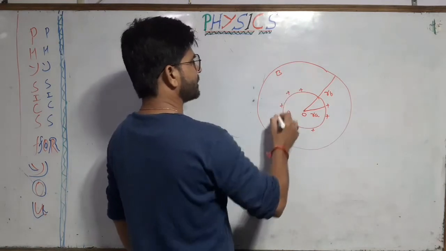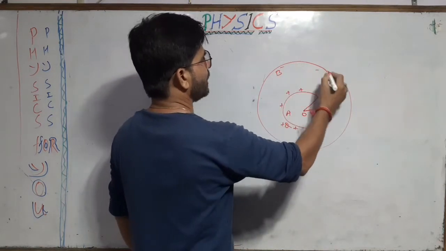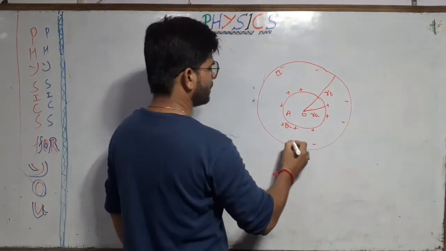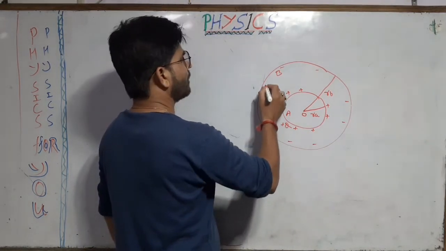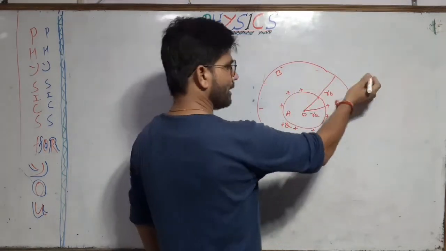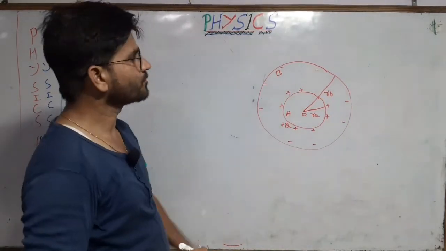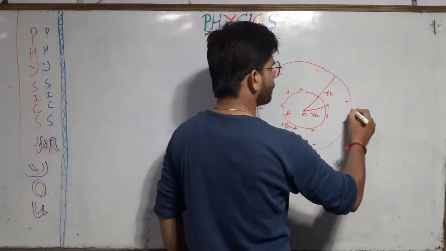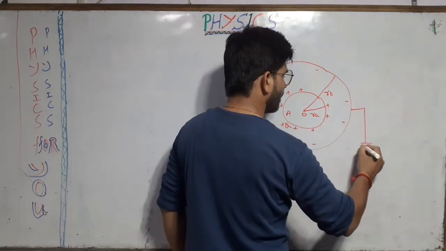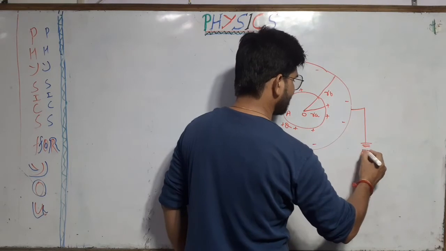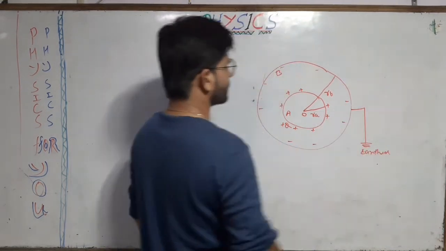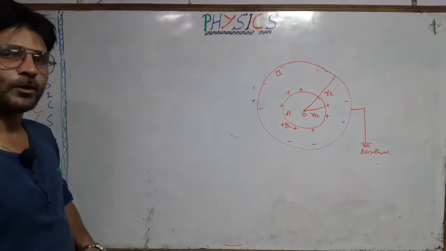Now the same charge is induced on the inner surface of the outer shell, and the same at the outer surface of the outer shell. Let me earth this outer surface of the outer shell, so we can write here, earthed.